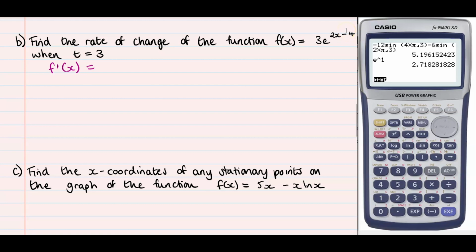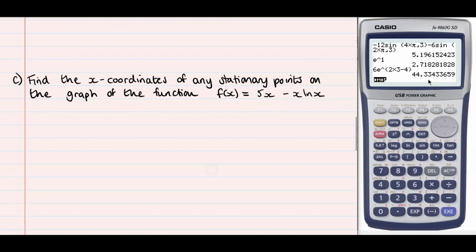If we differentiate that, we get 2, we bring it down and we multiply by what's in front, the 3 there, so we get a 6 e to the 2x minus 4. So when t equals 3, f dash of 3 would be 44.3, and you can see over at the side here where I put that into the calculator.